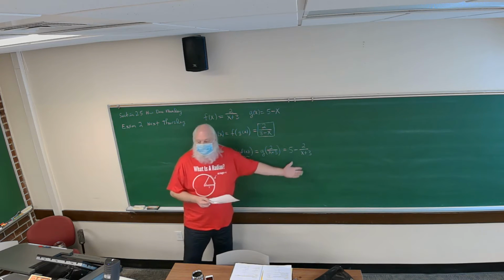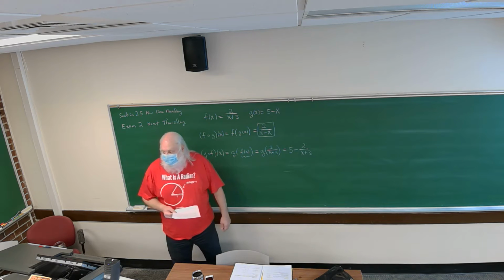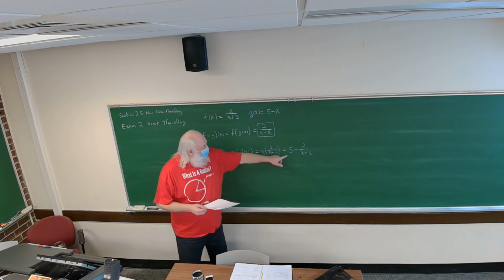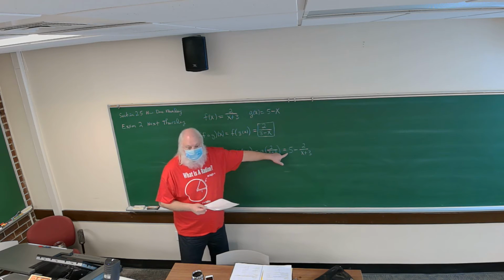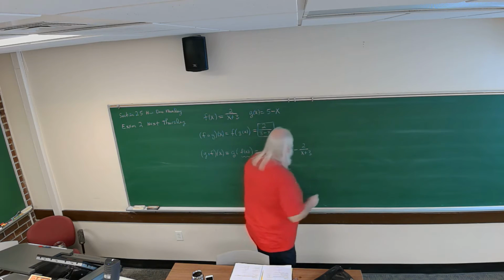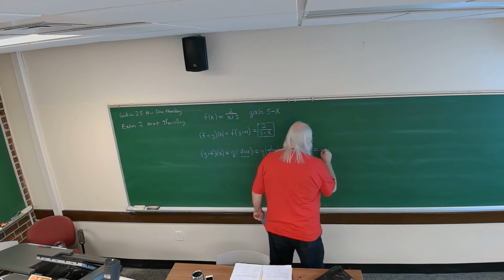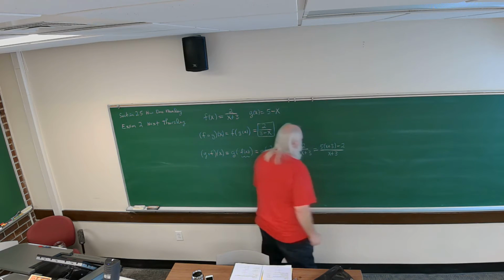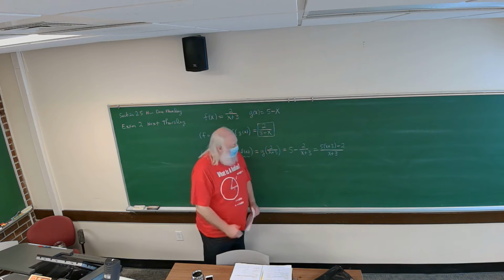Now to simplify this, we need a common denominator, right? The only denominator is x plus 3. So 5, same as 5 over 1, we multiply top and bottom of 5 over 1 by x plus 3. We have 5 times x plus 3 minus 2 all over x plus 3, right? I did 2 steps at once.